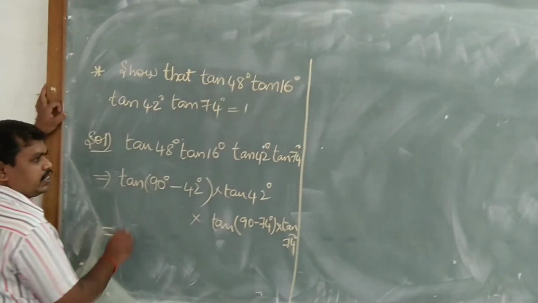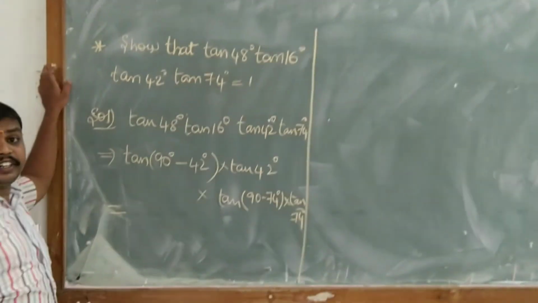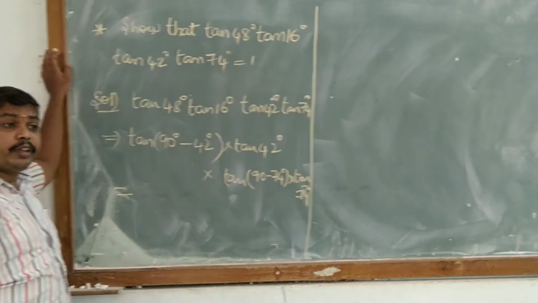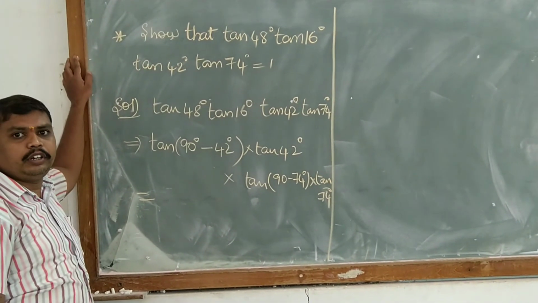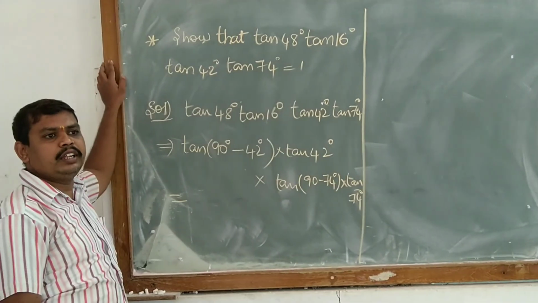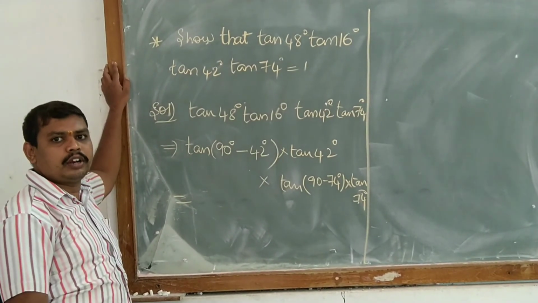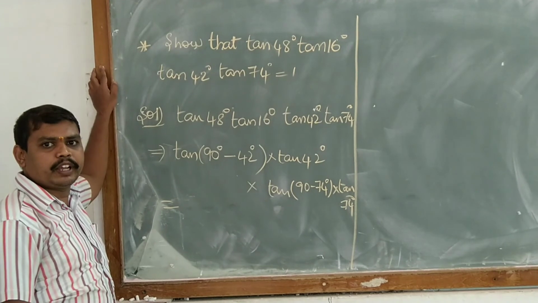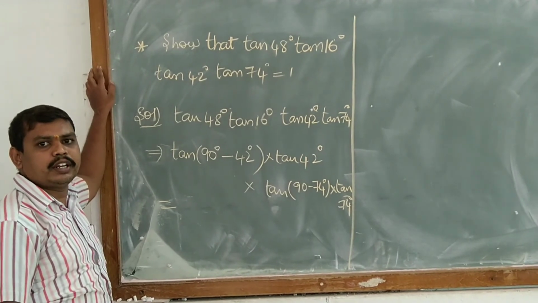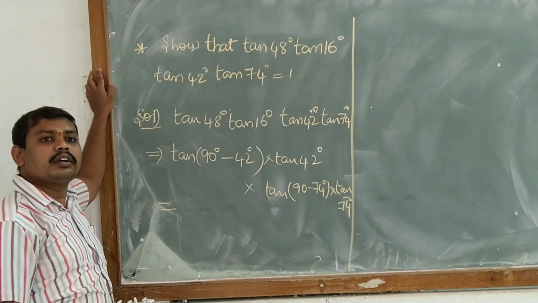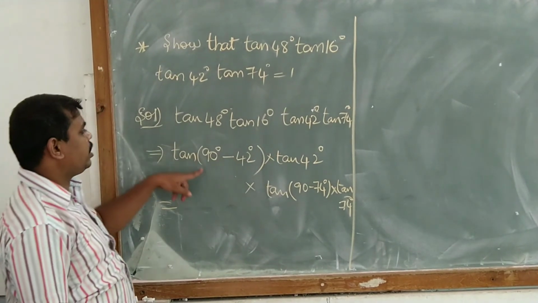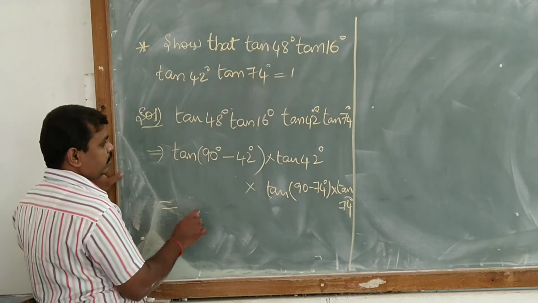Tan 90 minus theta, what is that one? Cot theta. Why? Because in the first quadrant all are positive. What I told? For 90 and 270, sin becomes cos, cos becomes sin, tan becomes cot, cot becomes tan. Cosecant becomes secant, secant becomes cosecant. So tan 90 minus 42 is equal to cot 42 degrees.